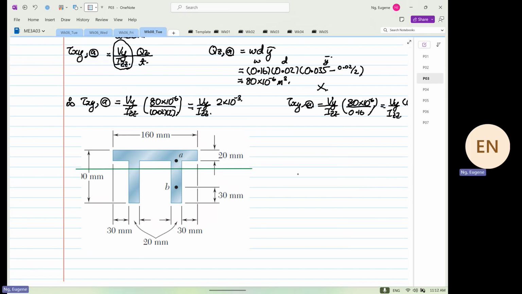We are going to calculate the shear stress at point B, taking the first moment of area. And we are going to apply the rules.